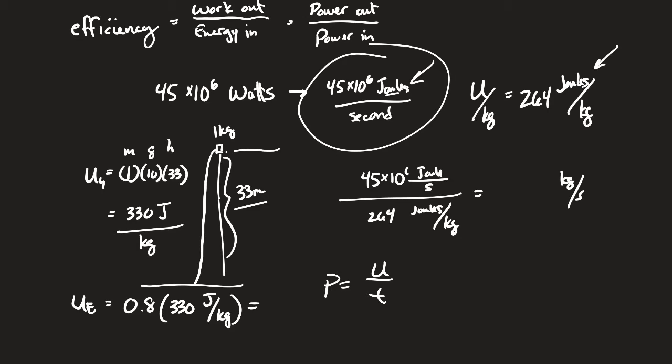In 1 second, the dam needs 45 times 10 to the 6th joules of energy. It needs that every second. And you only get 264 joules for every kilogram of water. If you divide those, that tells you how many kilograms of water you need to produce the required energy. That is per second.